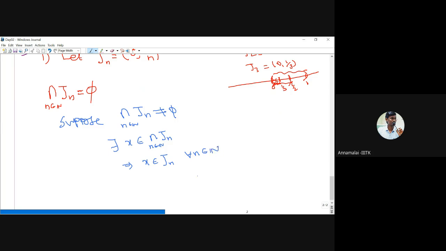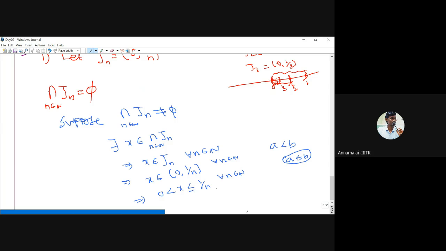But what is Jn? So x belongs to 0 comma 1 by n for all n in N. This implies x is strictly greater than 0 and strictly less than 1 by n for all n in N. When we have an inequality a less than b, we can write a less than or equal to b, so we can include this.